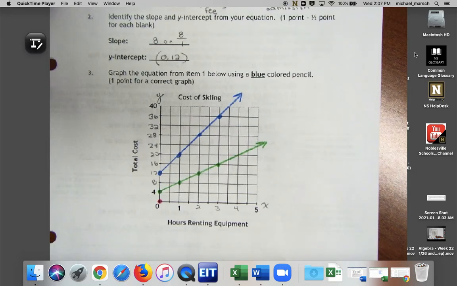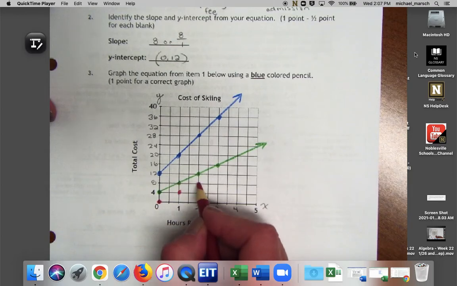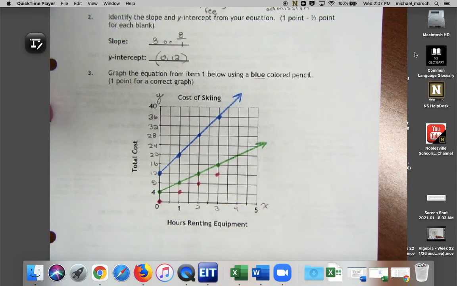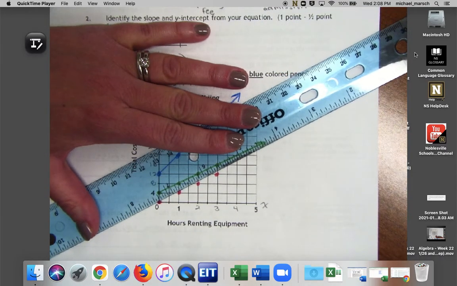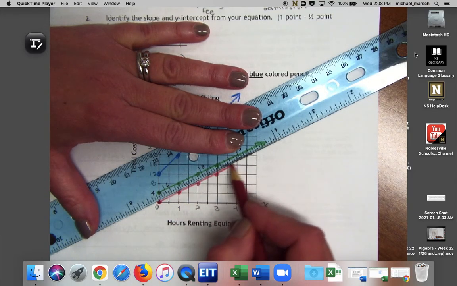And then it's still going to be $4, so I go up 4 over the 2 places to show 1 hour. Up 4 over 2, up 4 over 2. What do you notice? It's parallel to the green.